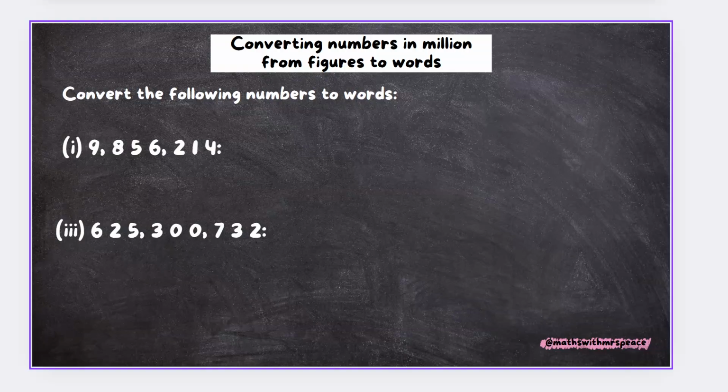For instance, in this number 9,856,214, we can write our place values just above it, and that's going to make it easy for us when we want to translate it to words.